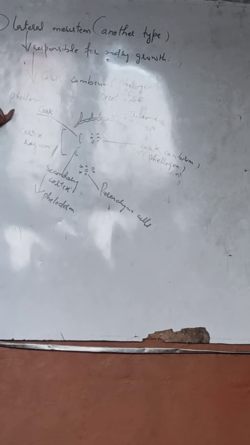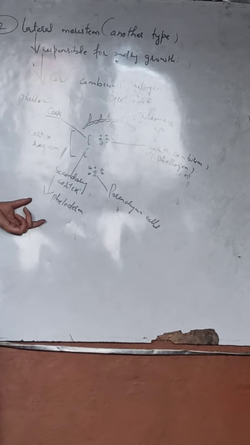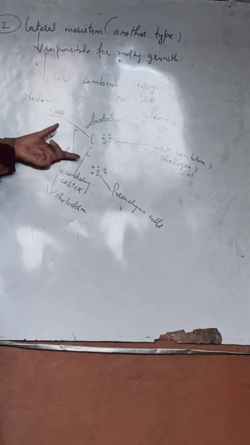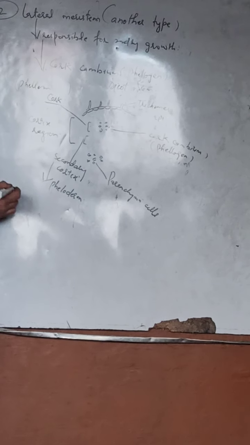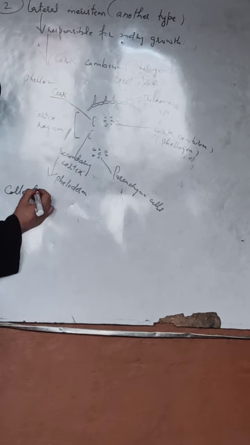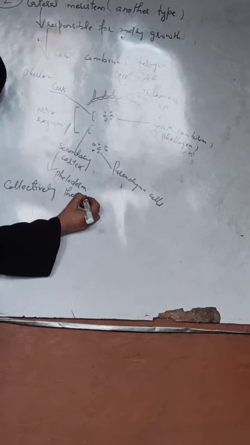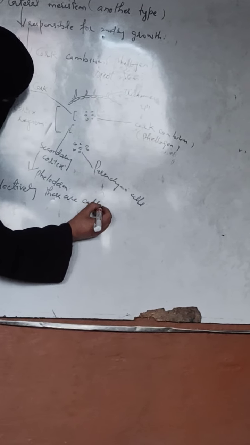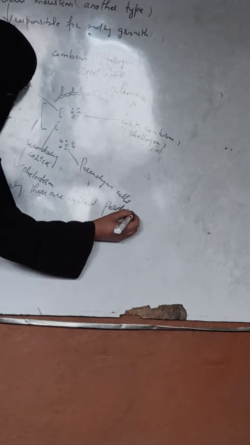So cork is called phellem, secondary cortex is called phelloderm, and cork cambium is called phellogen. Collectively, these three are called periderm.